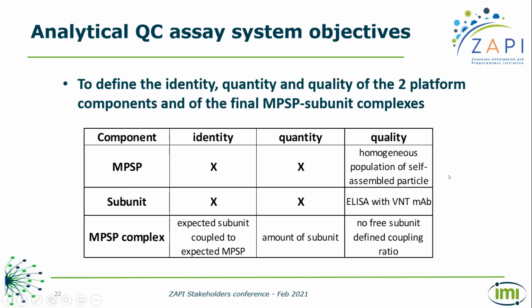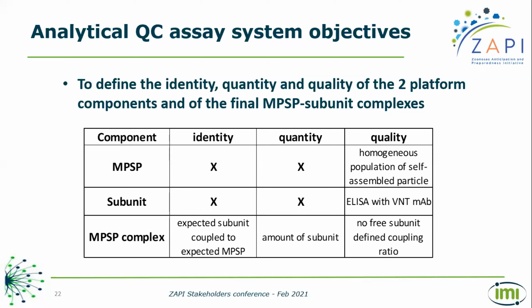But the issue is a little bit more complex when you address the MPSP complex, because you have two different types of objects to qualify at the same time. The identity of a complex means that you need to be able to monitor that the subunit which is coupled to the MPSP is the expected one, and that you have also used the right MPSP.